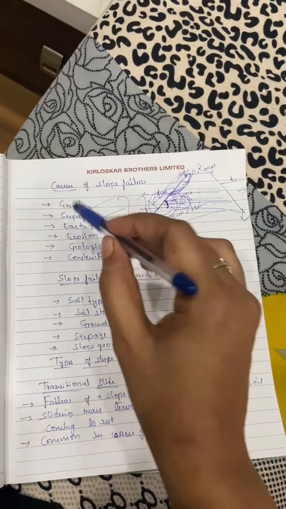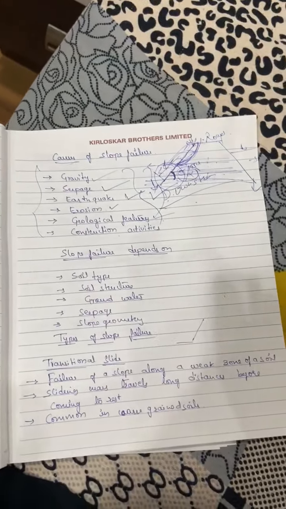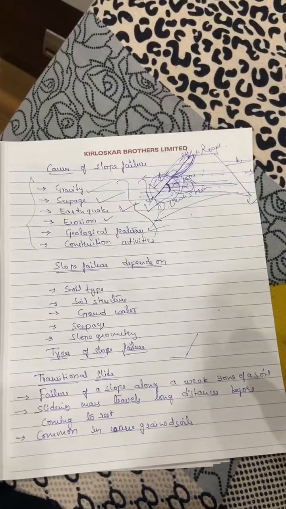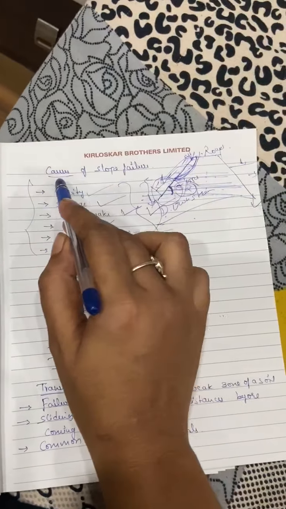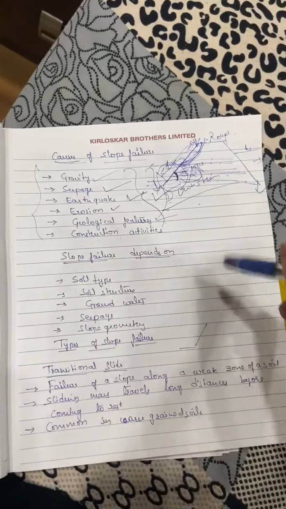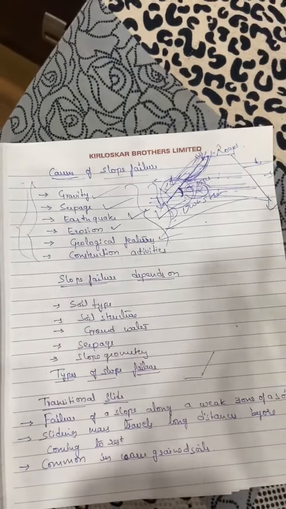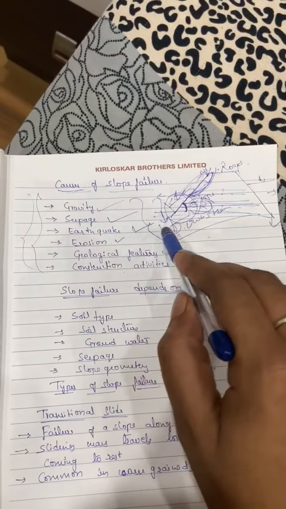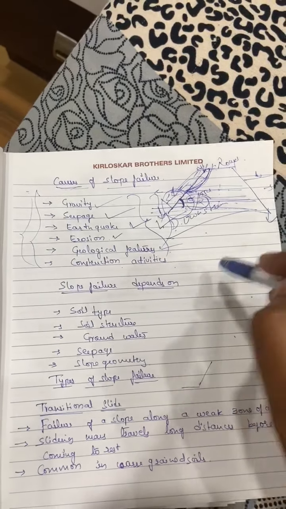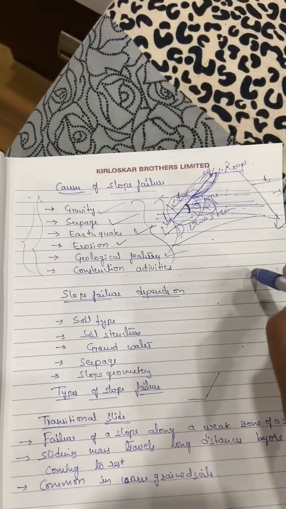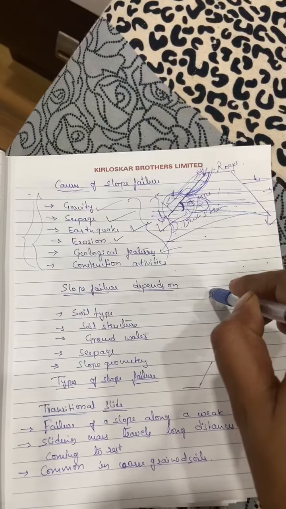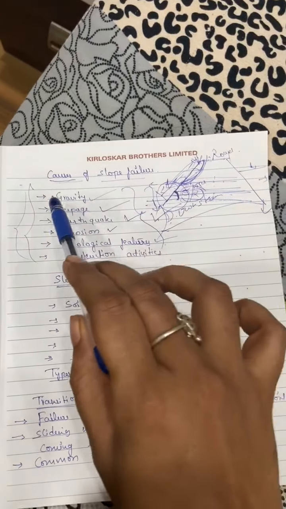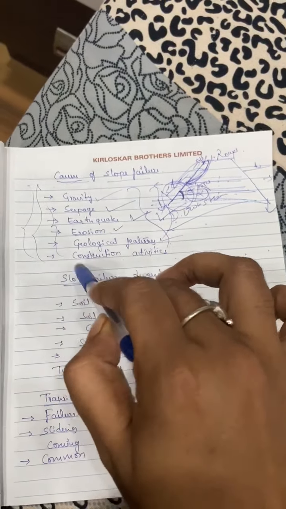So these are the forces coming on the slope, or the causes of the slope failure. Why we have to study these things: when you are designing the slopes, we have to remember all these forces are acting on the slope. So we should design our slope so that it resists all these forces.